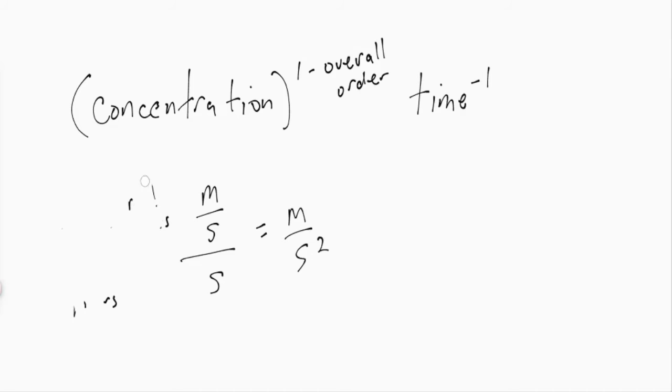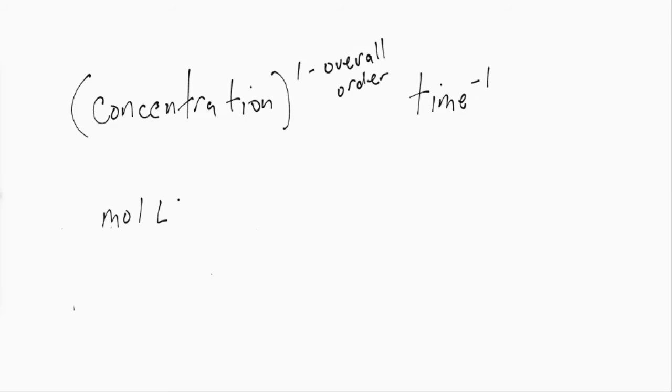Okay, so we know the overall order is 2, so it's going to be concentration to the power of 1 minus 2, which is -1. Okay, so concentration, we know that's moles per liter, and this is going to be 1 minus 2, which is -1, times our time component to the -1, which is hours to the -1.